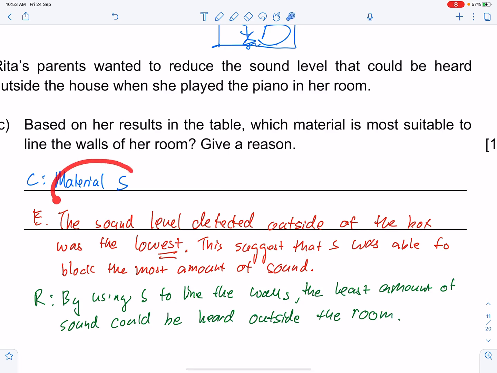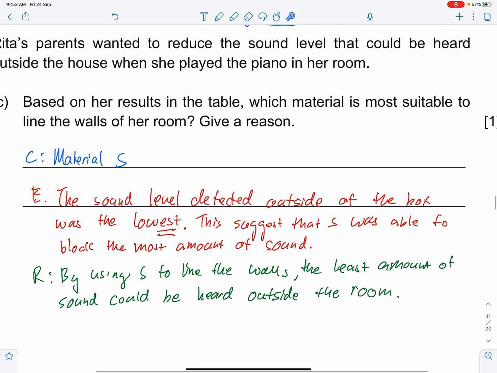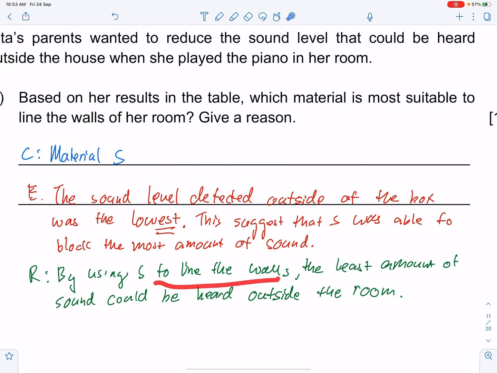First, I talk about material S, then I show them the evidence. Then after that, detected by what? Detected by the data logger. Make sure the word detected is there. And then after that, what does this tell me? This tells me that S was able to block out the most amount of sound. So because it's able to block out most amount of sound, by using it, the least amount of sound could be heard from outside since it blocks the most. Can you see how logically linked it is? You have to learn how to write CERs that are like that.